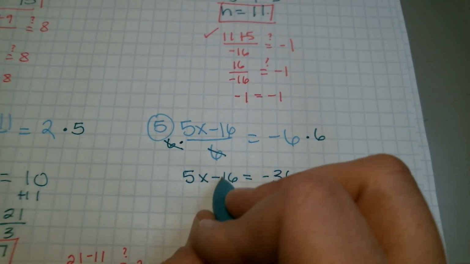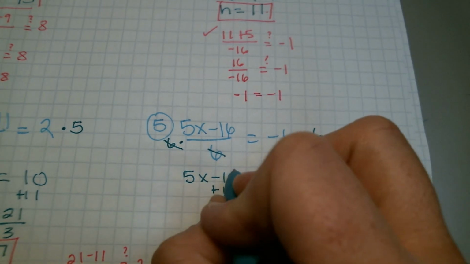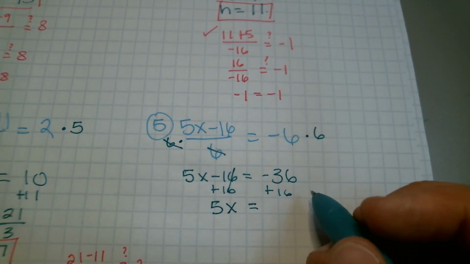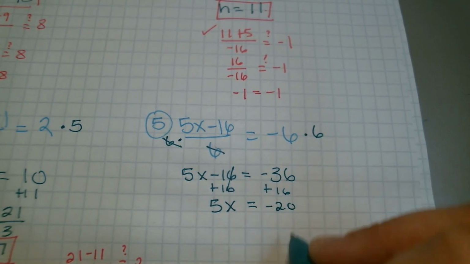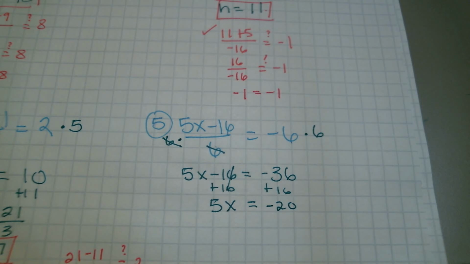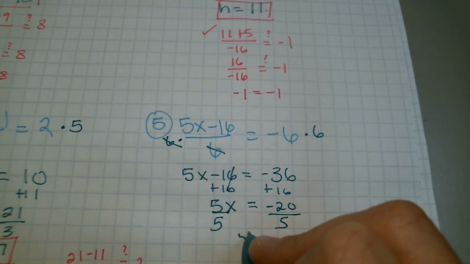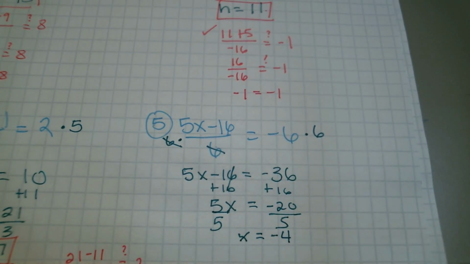I'm going to add the opposite of negative 16 to both sides. That cancels, and I'm left with 5x equals negative 36 plus 16, negative 20. Then I'm going to divide by the coefficient of x, which is 5, on both sides, and we get x equals negative 4.